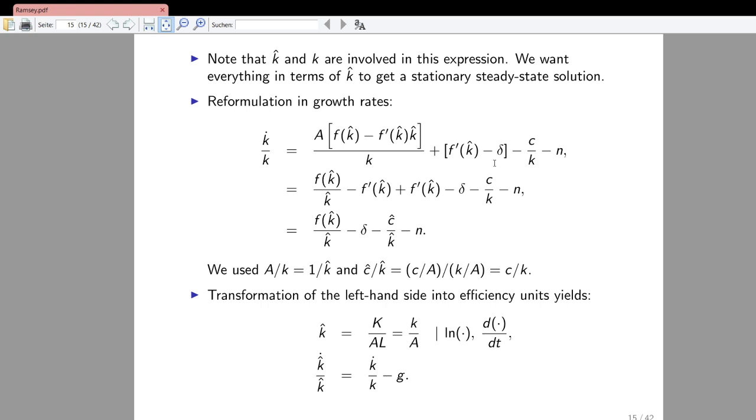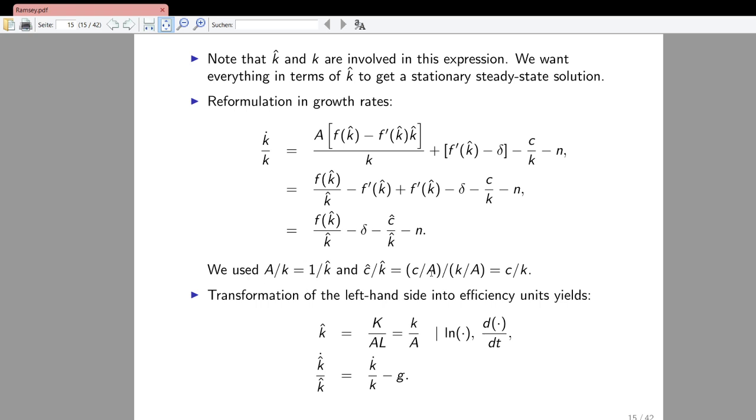But it is very easy to transform this expression in terms of efficiency units of labor, because in order to do so we would have to have the numerator divided by A and the denominator divided by A. So A actually drops out, so that is the same as c hat over k hat. And then on the right hand side we got rid of all the variables that involve per capita terms, and we only have variables in terms of efficiency units of labor.